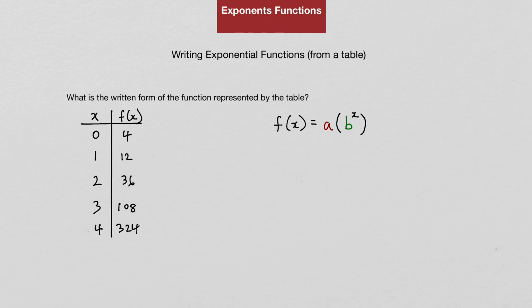Okay, f of x is equal to a times b to the x power. Now, what we need to do is find the value of b and find the value of a. Okay, so how do we do that?